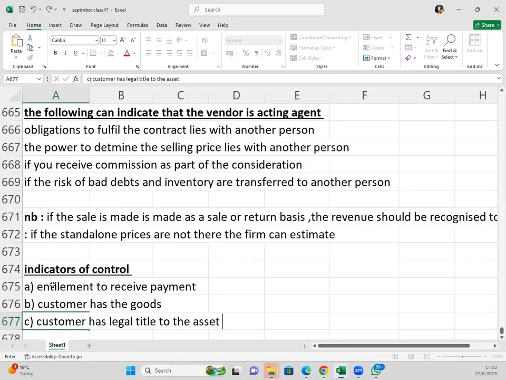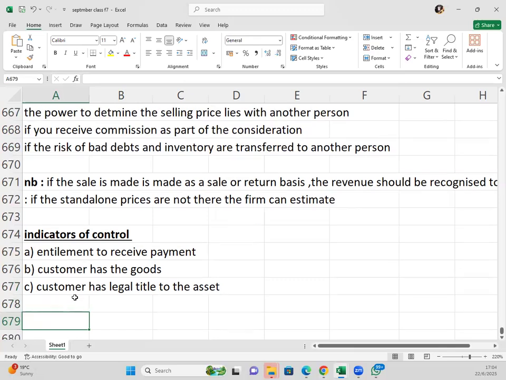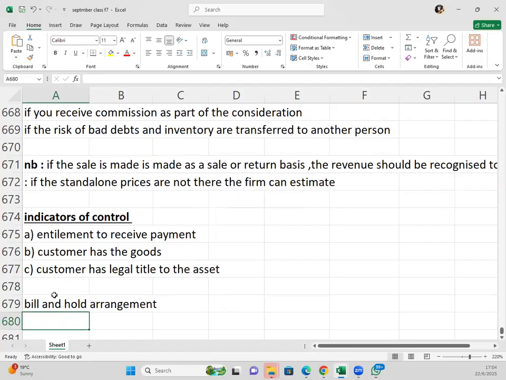Then we can also close with the bill and hold arrangement.